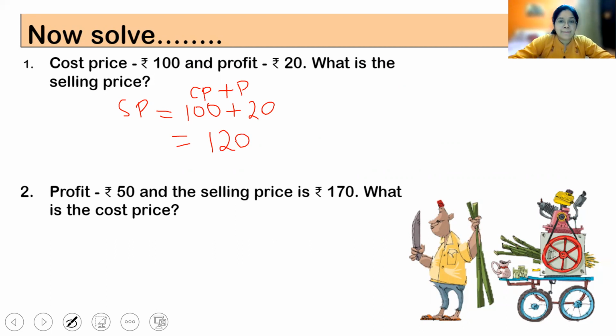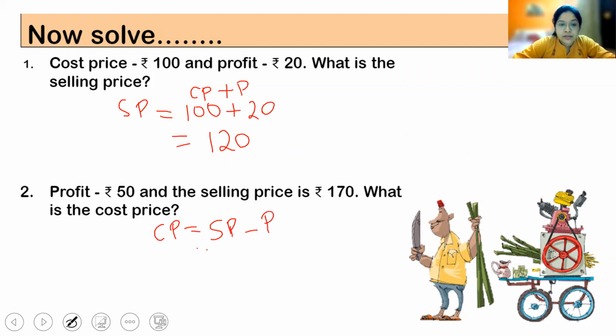Okay, now it says profit is rupees 50, my selling price is rupees 170. What is my cost price? So what is the formula for cost price? Cost price is equal to selling price minus the profit.